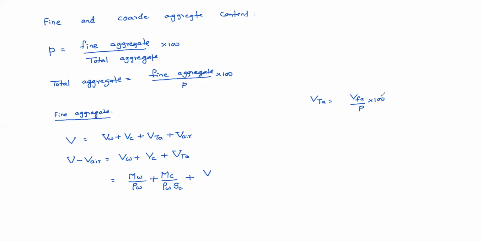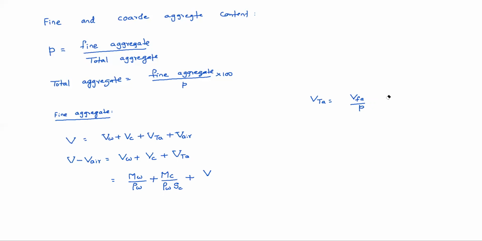In percentage, there is into 100. Volume of total aggregate equal to volume of fine aggregate divided by P into 100. Is it okay? Yes, sir. Suppose here 100 is not there, you can keep that P in ratio. Then volume of total aggregate is nothing but volume of fine aggregate divided by P.